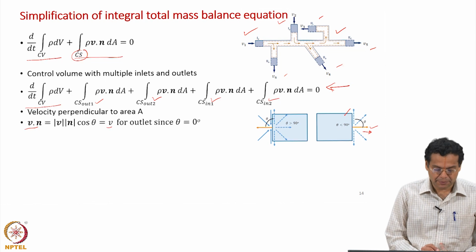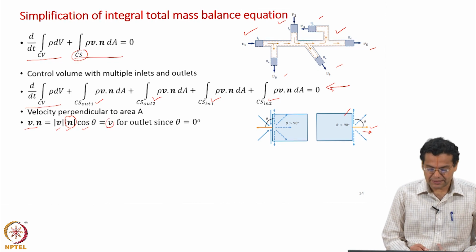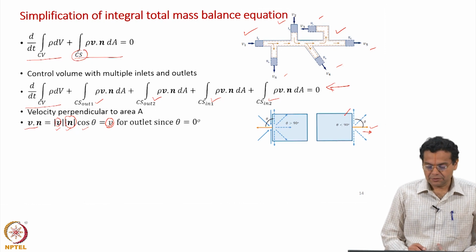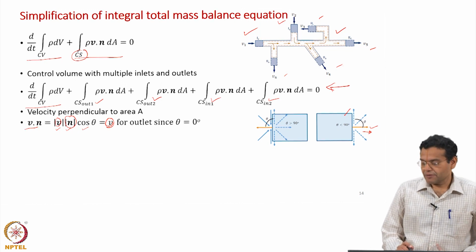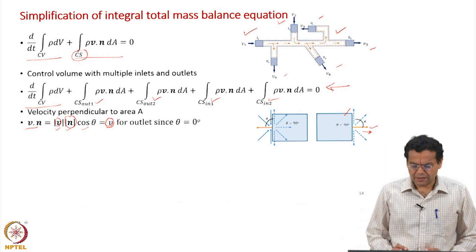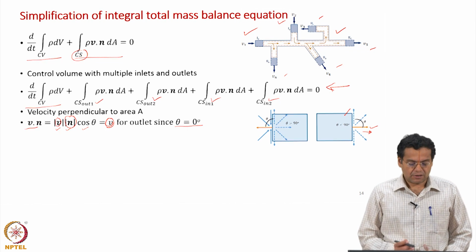V dot n has been represented as magnitude of V, magnitude of n multiplied by cos of the angle between them. This of course is unity, and the magnitude of the velocity vector is represented by the V scalar. Here V is a vector, here V is a scalar. V represents the magnitude of velocity, and because the velocity vector and the normal to the face are along the same direction, theta is equal to 0 degrees. So, cos theta is 1.